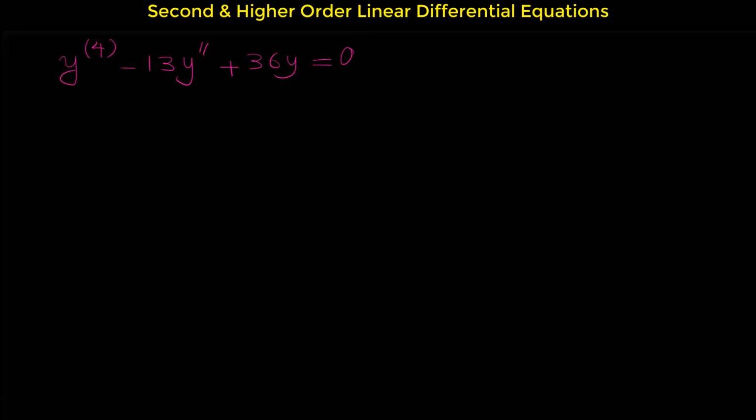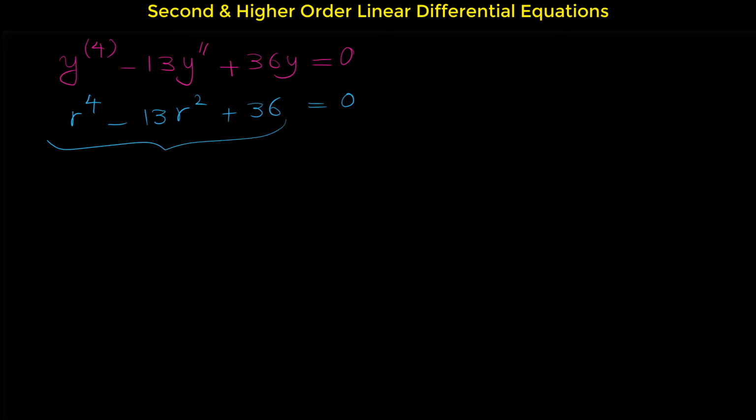Here we have a fourth order differential equation, and the characteristic equation is r to the 4 minus 13r squared plus 36 equals 0.